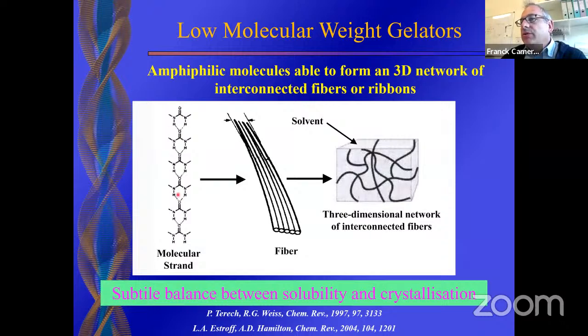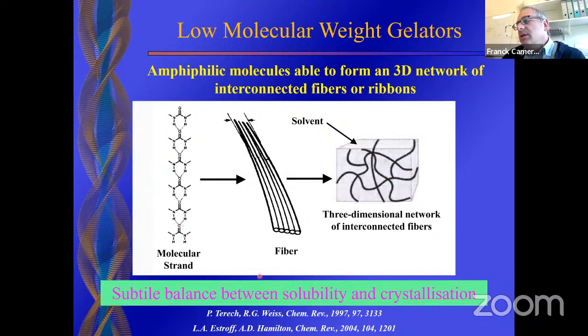These small molecules will first interact with each other to make molecular strands through weak interaction. And after, these strands will collapse to make fibers. Then the interconnection of these fibers in the solvent leads to the formation of the gel.